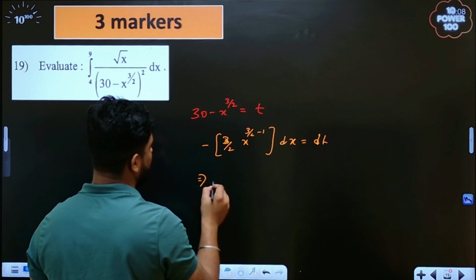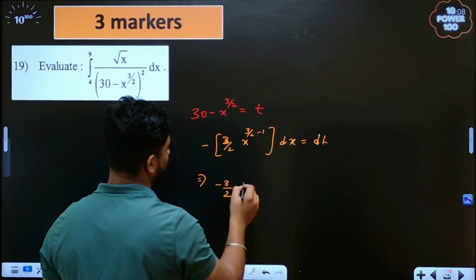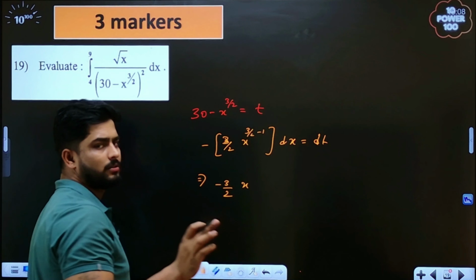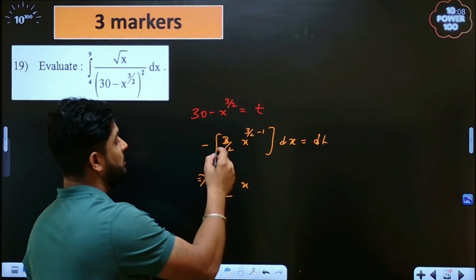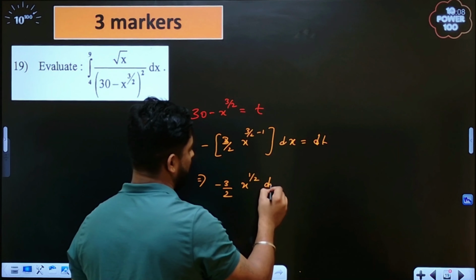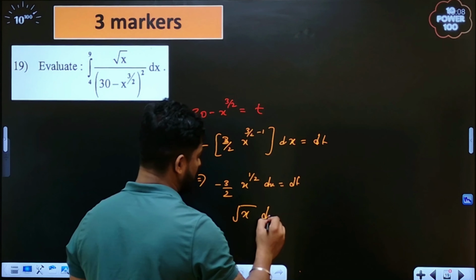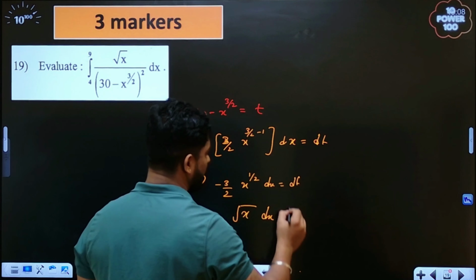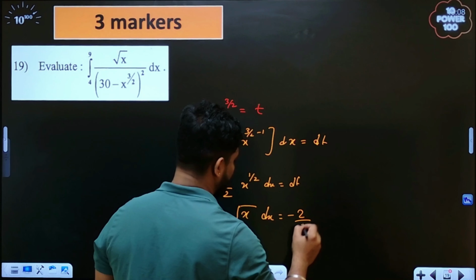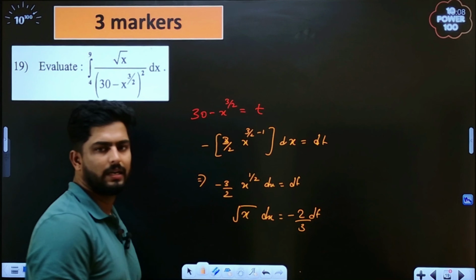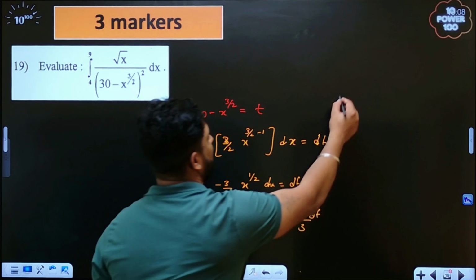So this becomes minus 3 by 2 x to the power 3 by 2 minus 1. 3 by 2 is nothing but 1.5, 1.5 minus 1 is half, right? So x to the power half dx is equal to dt. x to the power half is nothing but root x. dx is equal to, 3 will go here, 2 here, so minus 2 by 3 dt. That's it, very simple. Now replace this here.